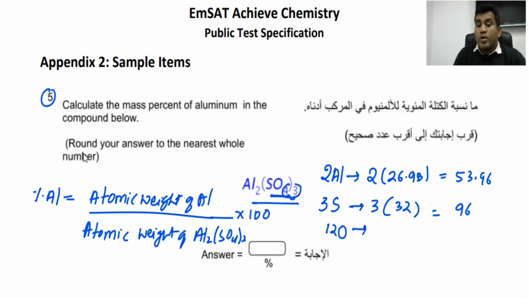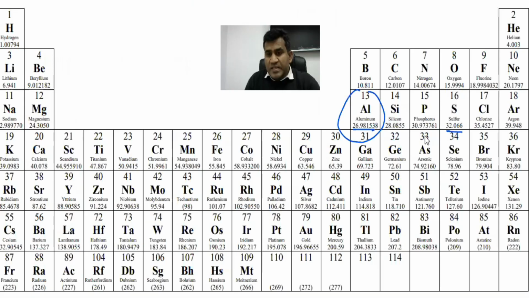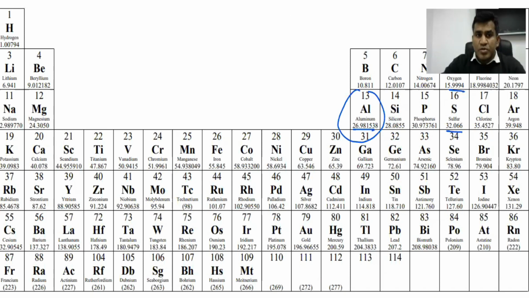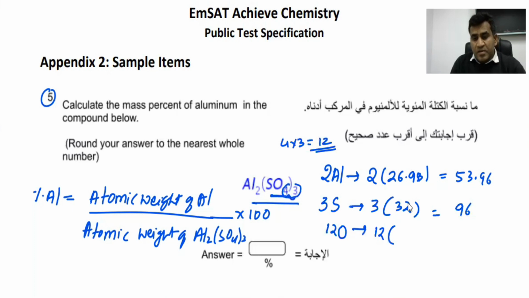So there are a total of 12 oxygen atoms, and the atomic weight of oxygen is 16, because this is the most common value, or you can refer to it from the periodic table. You can see the atomic weight of oxygen is usually 15.999, or in short we can refer to it as 16. So 12 times 16 gives the total value here as 192.